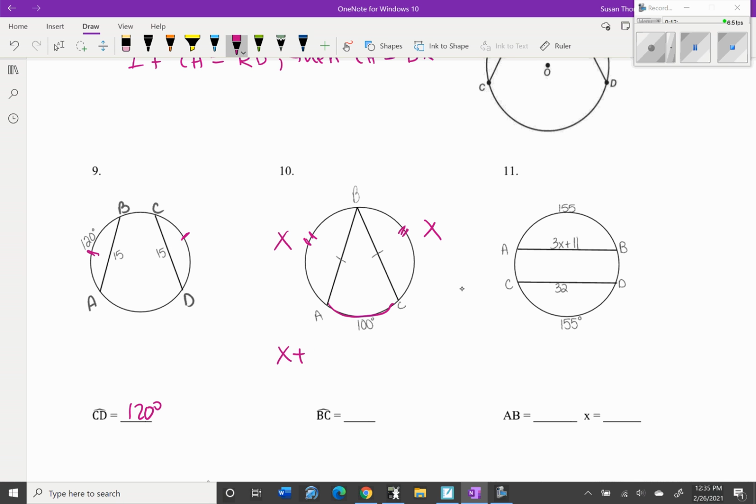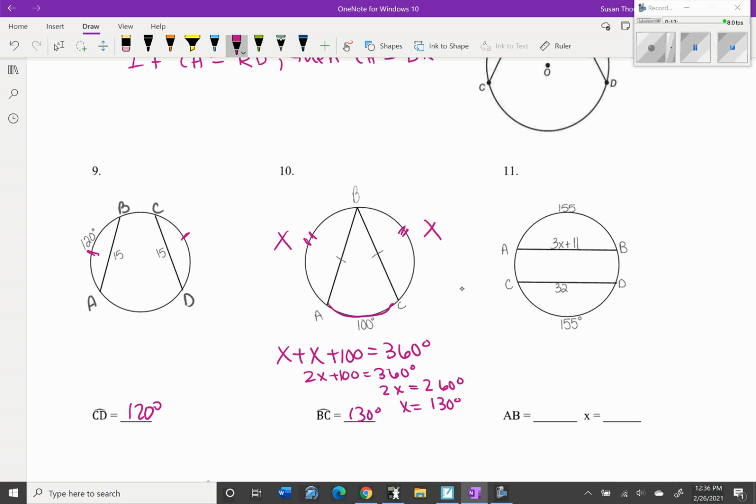So 2x plus 100 equals 360 degrees. So 2x is equal to, subtract the 100 and you get 260 degrees. And divide that by 2, and x is equal to 130 degrees. So BC is equal to 130 degrees, and arc AB is also equal to 130 degrees.